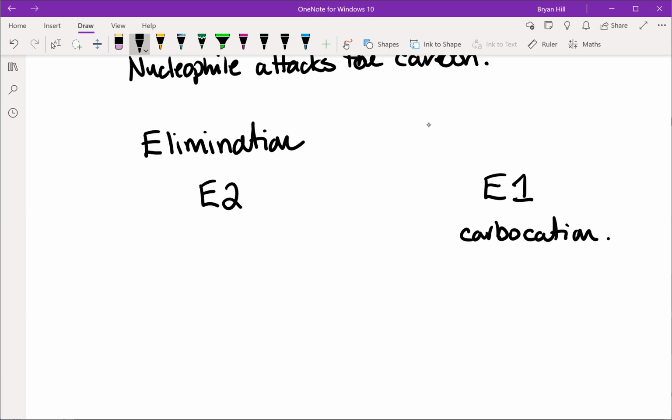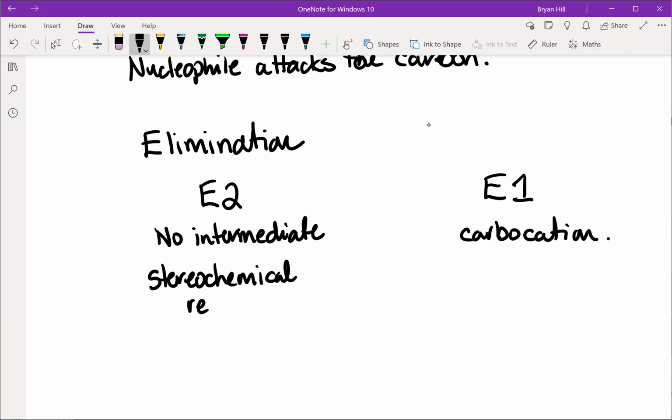E2 has a transition state, there's no intermediate, and they've got a stereochemical requirement. Just like in an SN2 reaction, the nucleophile had to attack from the opposite side of the leaving group, in an E2 elimination, the proton has to be a specific way.